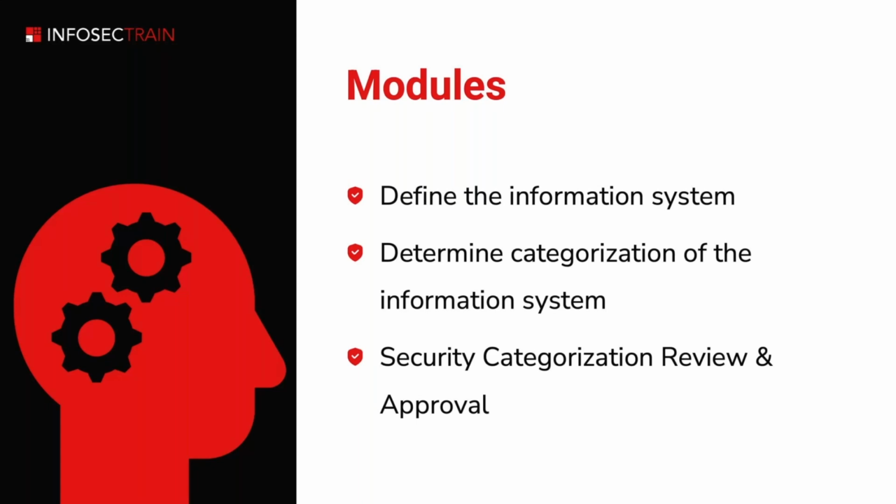This particular step is also covered in the authorization phase of RMF. But here we'll also try to understand the role of the AO and AODR, and how they help in putting the categorization and system security into practice.